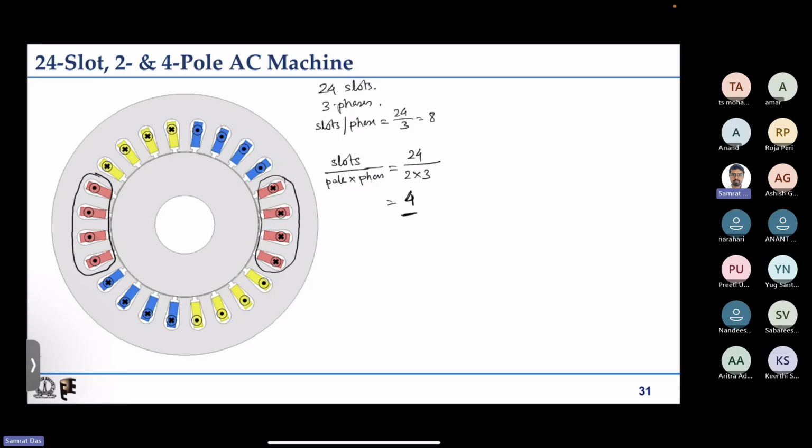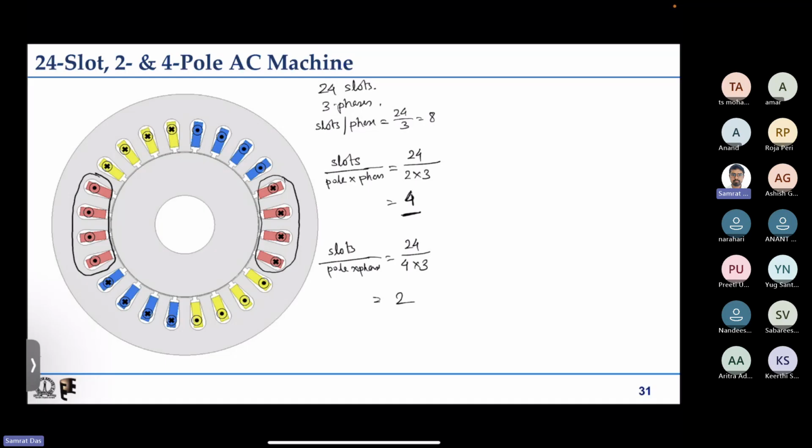So if this number is 4, then we have to create a belt of 4 slots and fill the slots with the same polarity current. Now if we calculate the same thing, slots per pole per phase for a 4 pole machine having the same number of slots, that is 24, 4 pole, that is 4, and we still have 3 phases, so the number that we have is 2.